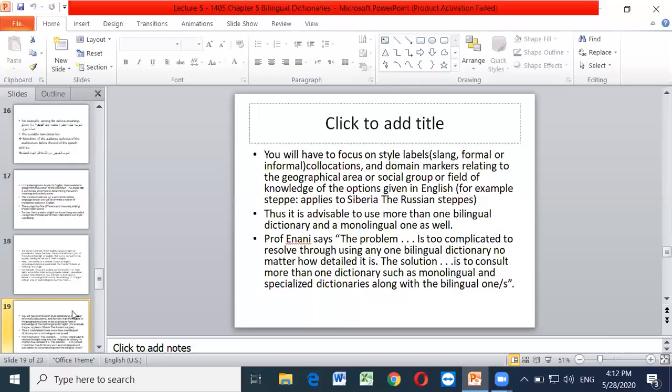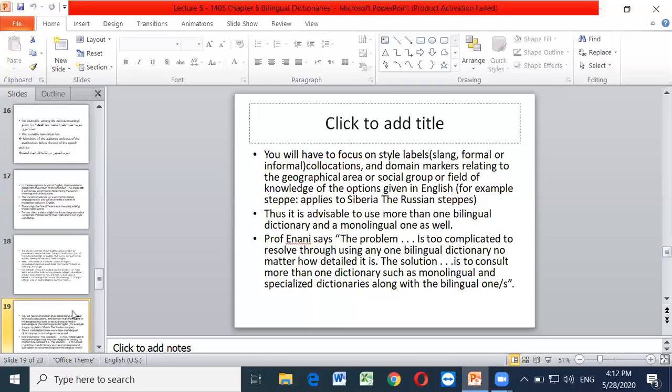He says that the problem is too complicated to resolve through using any one bilingual dictionary, no matter how detailed it is. Now, at present, you have access to electronic dictionaries, which makes it even more feasible to check more than one bilingual dictionary and a monolingual dictionary as well.